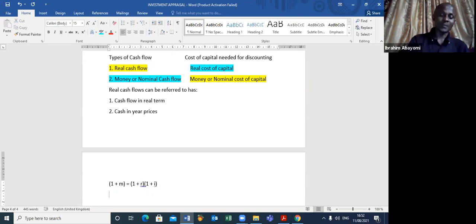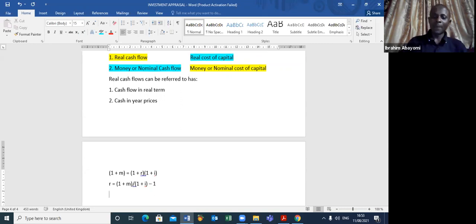When you make R the subject of the formula, you have R is equal to (1 plus M) all over (1 plus inflation rate), minus 1. This is what you're going to have. What about if I'm given real cost of capital and I need money cost of capital?